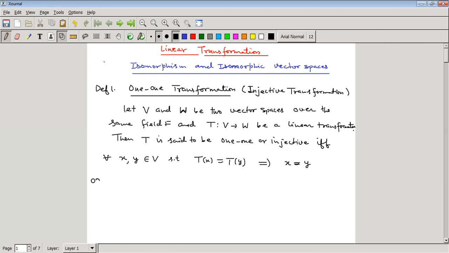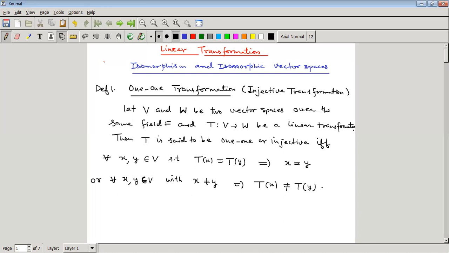Or the contrapositive of this statement is: given any x, y belongs to V, with x not equal to y, this implies T of x is not equal to T of y.